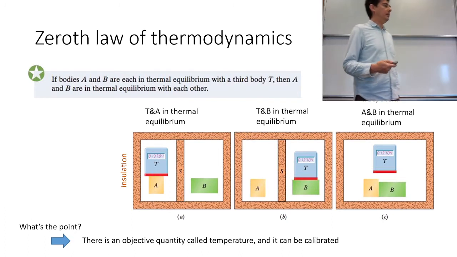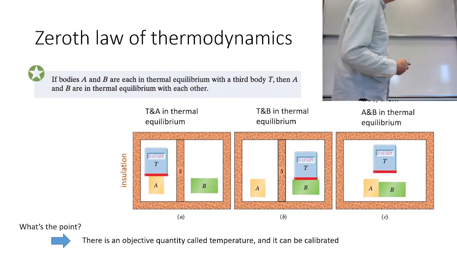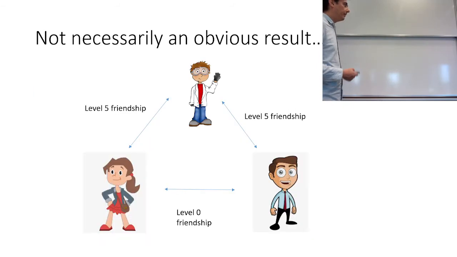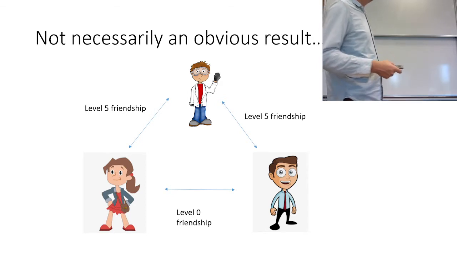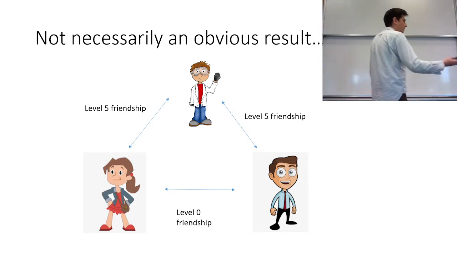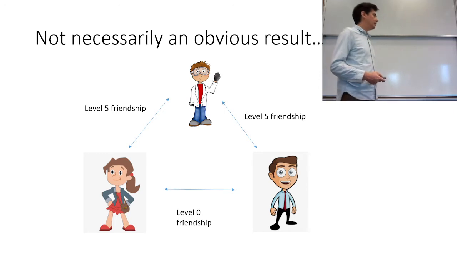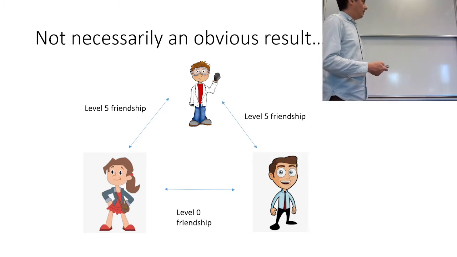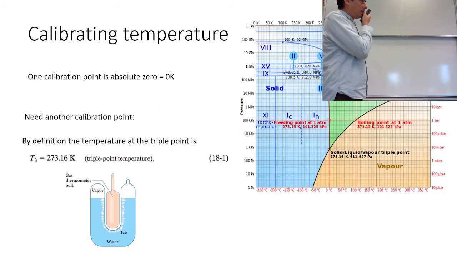So basically temperature is an objective quantity that you can define. This is not necessarily obvious to us, because as humans we have temperature sensors built into us, but it doesn't have to be that way, but it is.